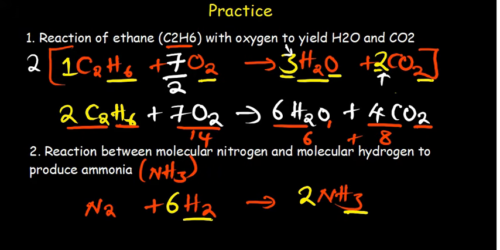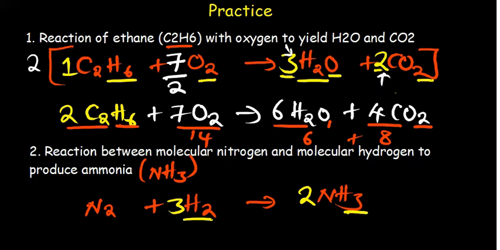Is that okay? So, not a 6 necessarily, a 3, so that it will give us a 6 as well. So we've balanced. The number of nitrogens are 2 on the left and the right hand side. The number of hydrogen atoms are 6 on both sides.